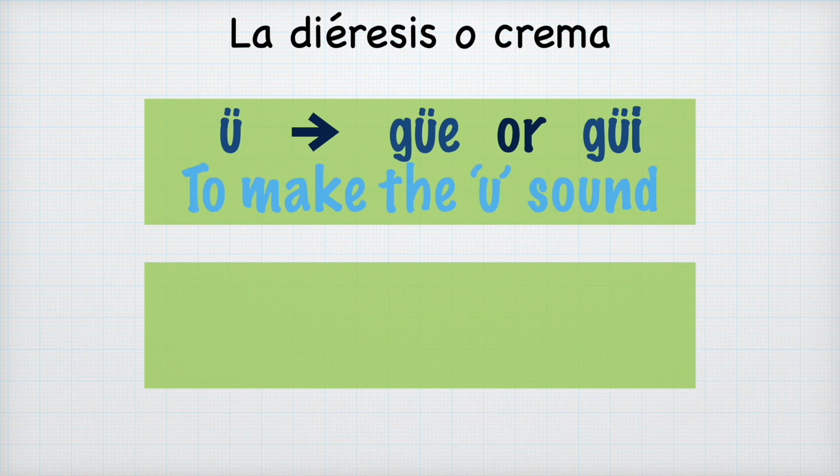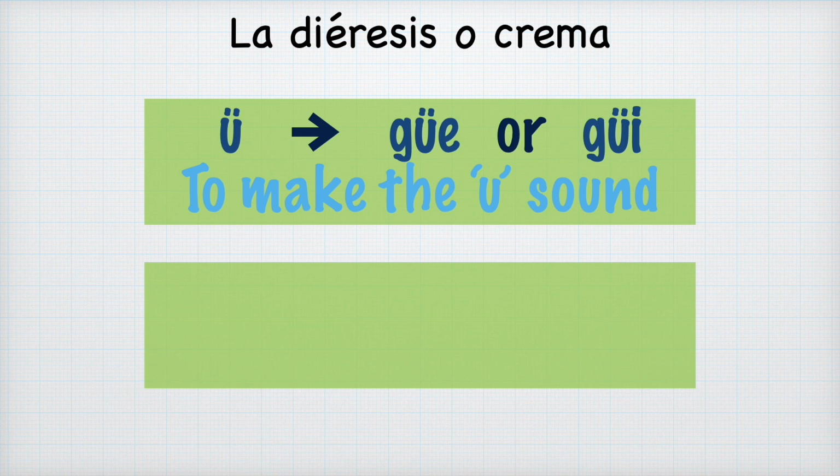If the little dots are not above the U, these syllable combinations would sound like ge and gi. I've mentioned this sound before on my Spanish reading course. I'll leave the link to that video in the description. And much like the previous signs, you'll only see this accent above the U in these combinations.